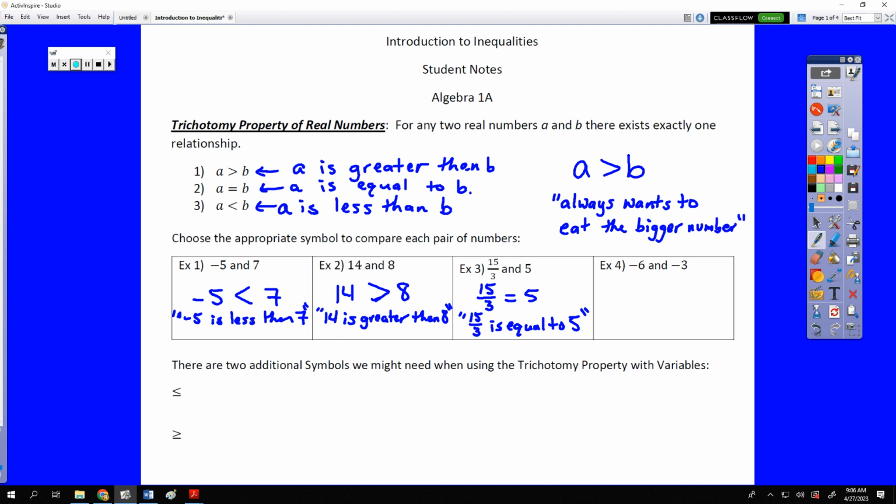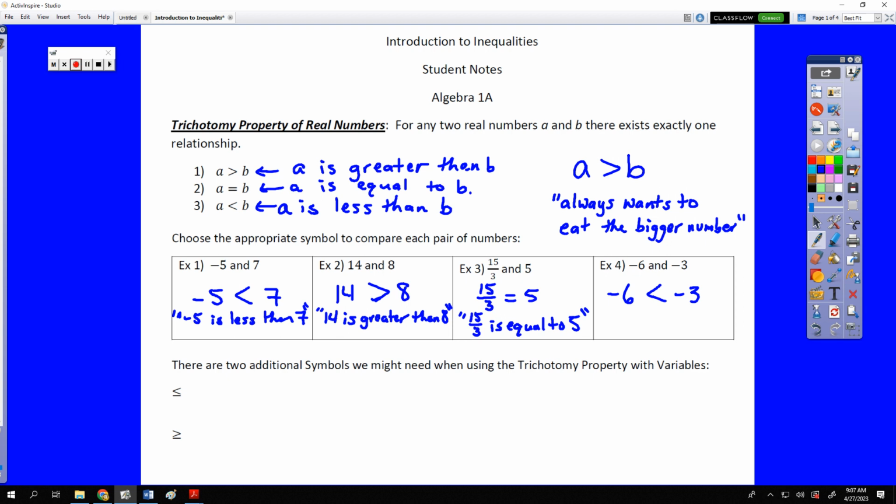Okay? Try example 4, please. So, which number's bigger? -6 or -3? Good. -3 is the larger number of those two. So we should put the less than symbol between -6 and -3.